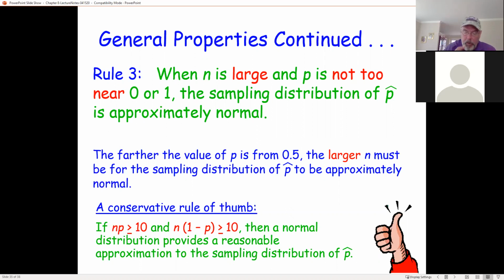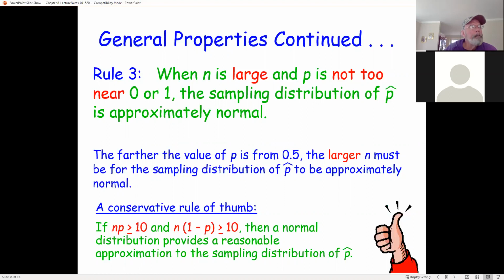So let's do another exercise. What would you say, 0.7? I'm sorry, 0.07. What would be the sample size for that proportion to get this assumption going?